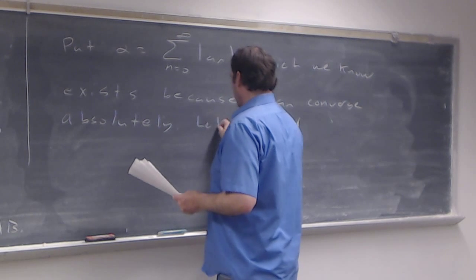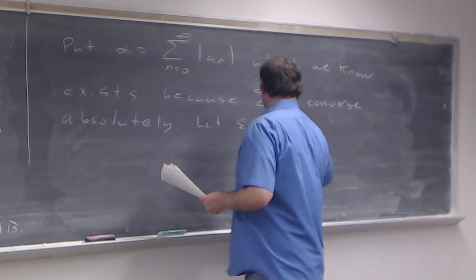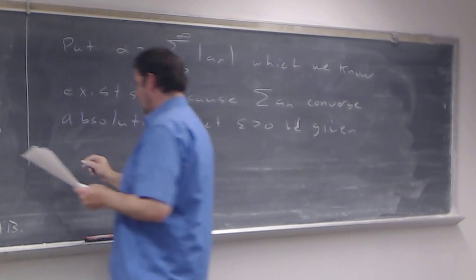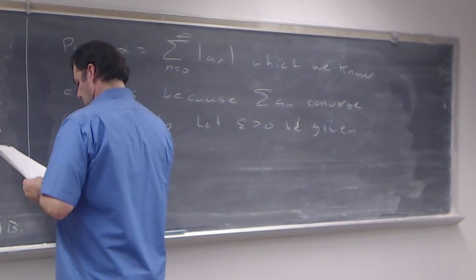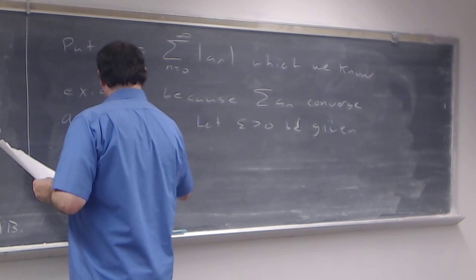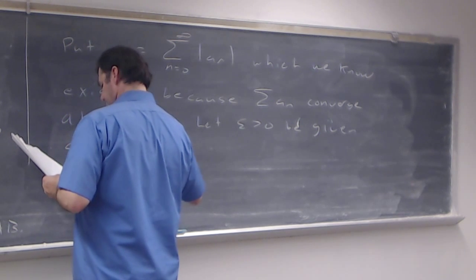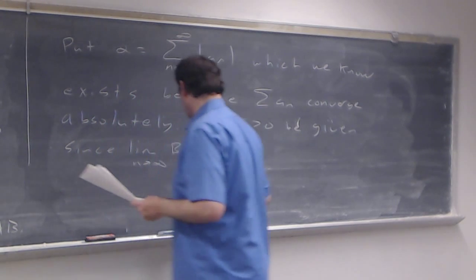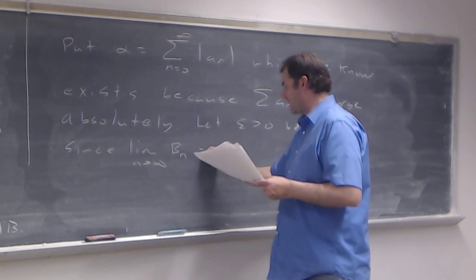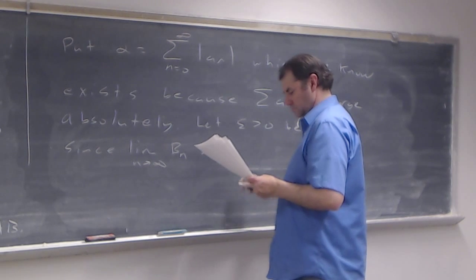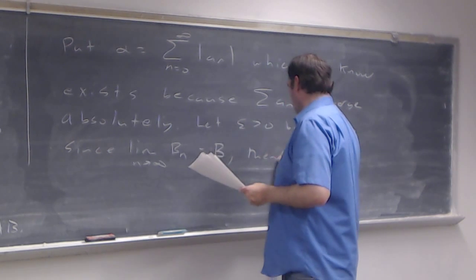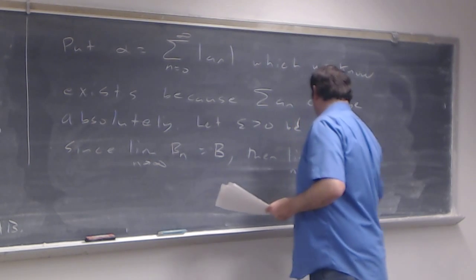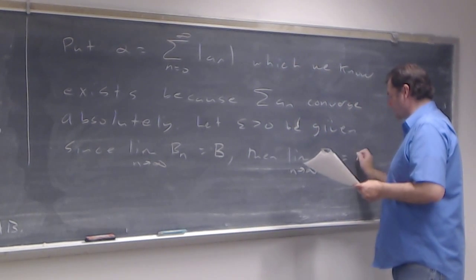Now what we're going to do is let epsilon be greater than 0 be given. Okay. Since the limit as n goes to infinity of B sub n equals B, then the limit as n goes to infinity of the beta sub n, because of the way they're defined, has to be equal to 0.